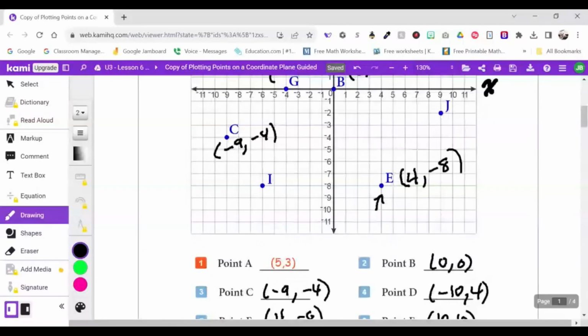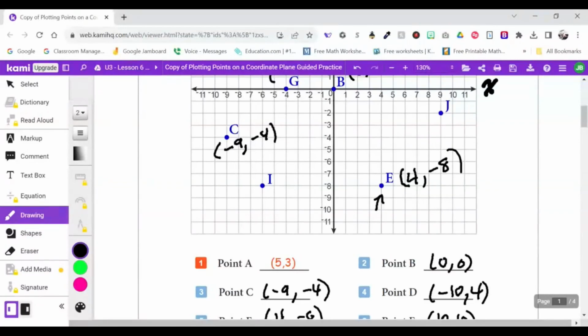What are the coordinates of I? Okay. Careful.